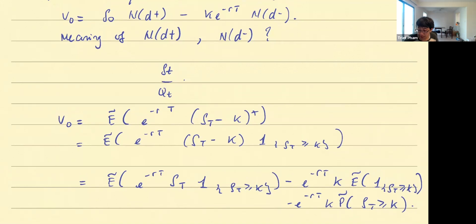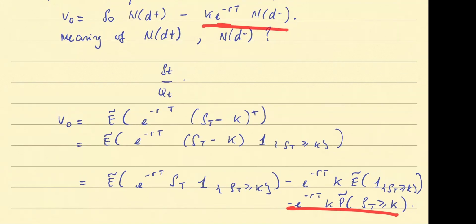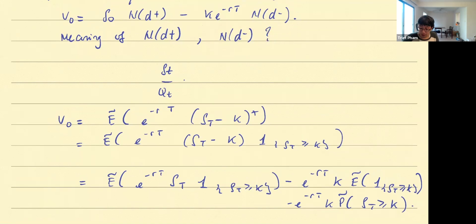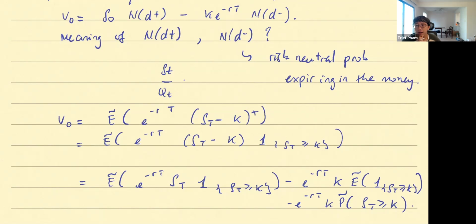Yeah, it's ND minus because it's that one right there. So ND minus is the risk neutral probability of expiring in the money. So that's the meaning of ND minus.